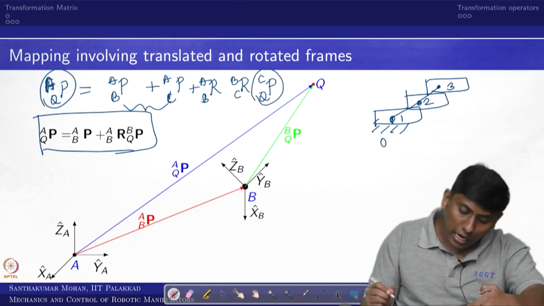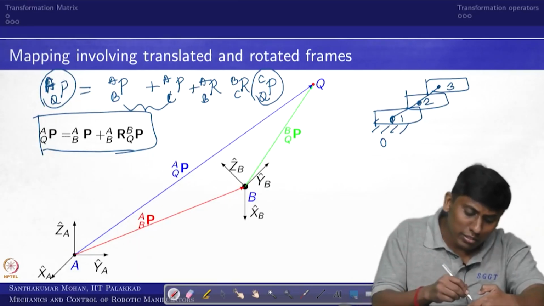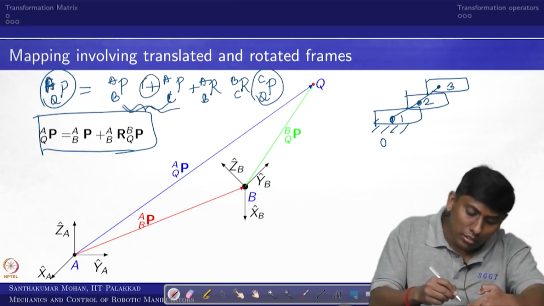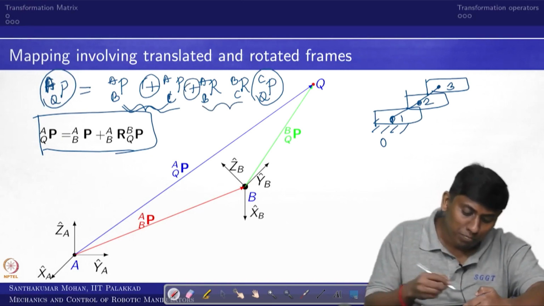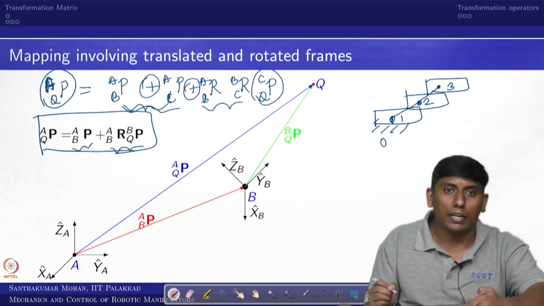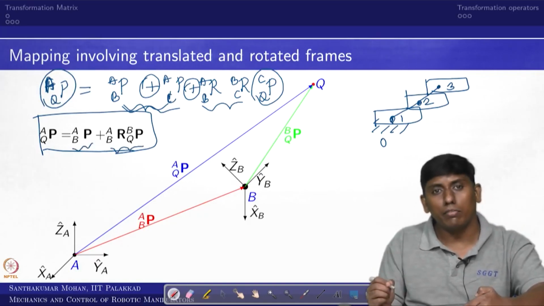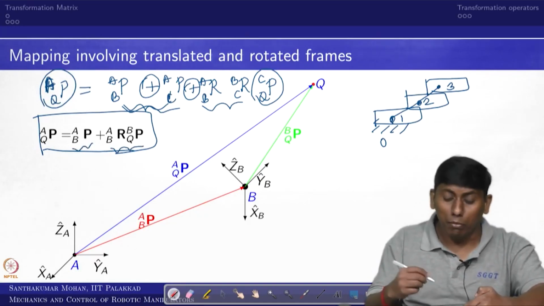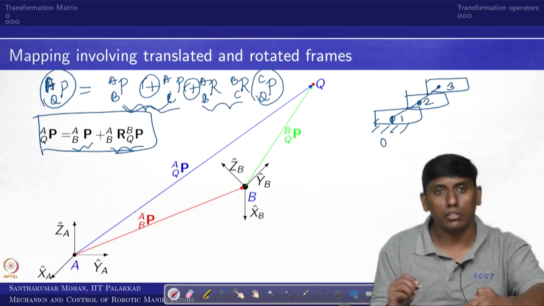Now if you write this equation, you can see it is complex. There is an addition, and there is also a multiplication, which is initially multiplied and then added. Several constraints will come if you keep increasing the number of bodies.